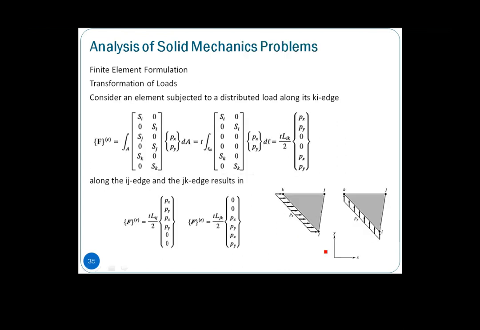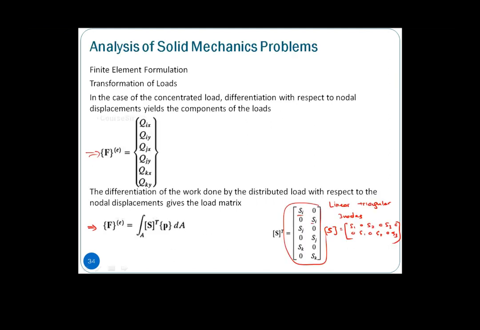Say you have an element subjected to a distributed load, a linear triangular element with 3 nodes. If along the Ik edge you have a distributed load, then you have the shape function multiplied with Px and Py, dA.